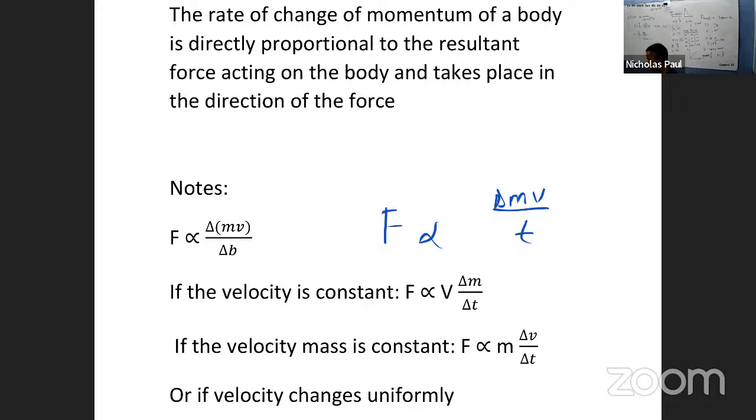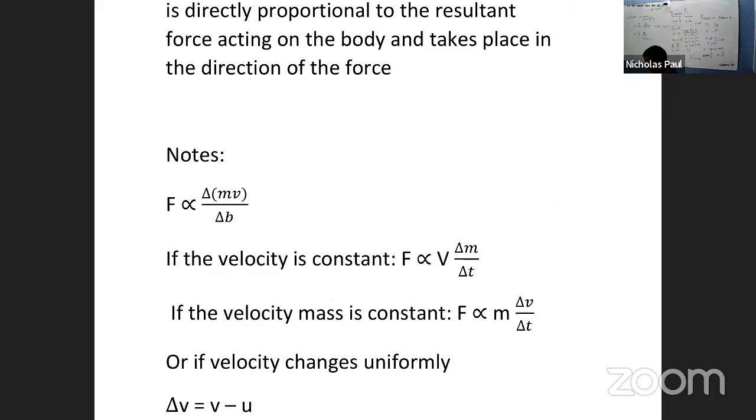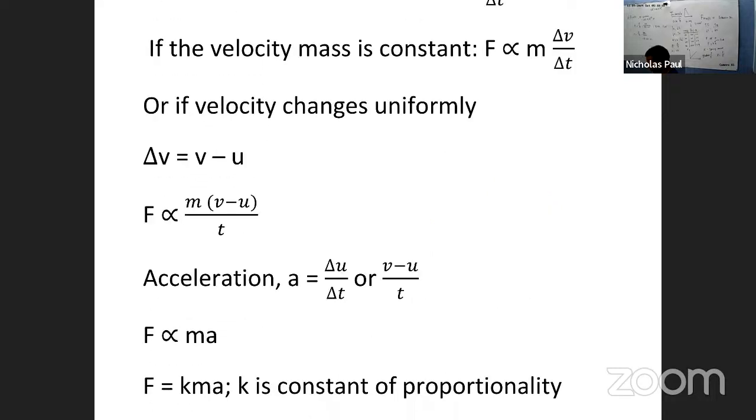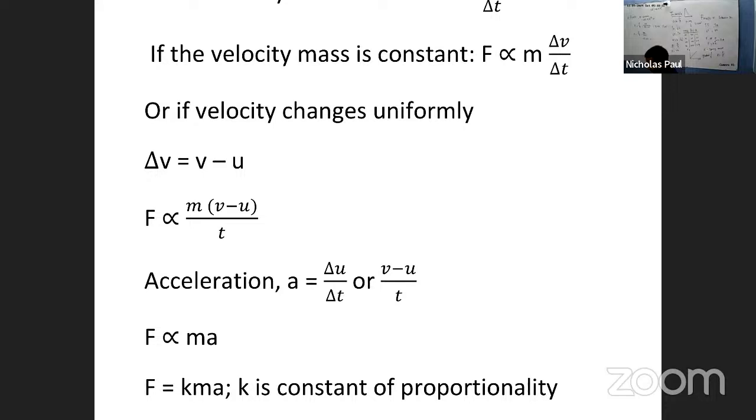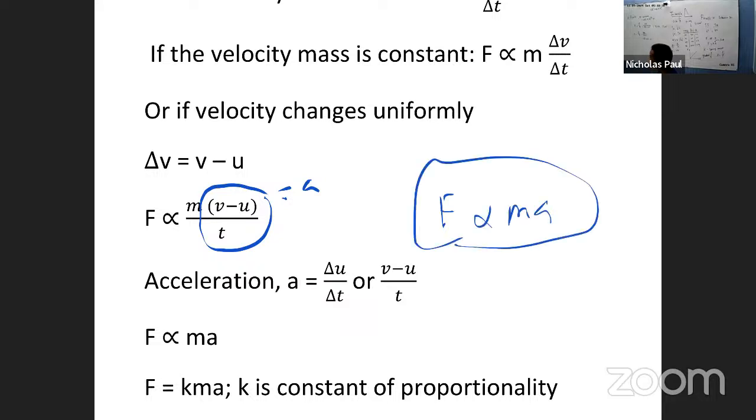If the mass is constant, we can pull the mass outside. If the velocity changes, then we should recognize that (v minus u) over t is acceleration. So you will see that F is proportional to ma. That's the version we would have learned in Form 5.